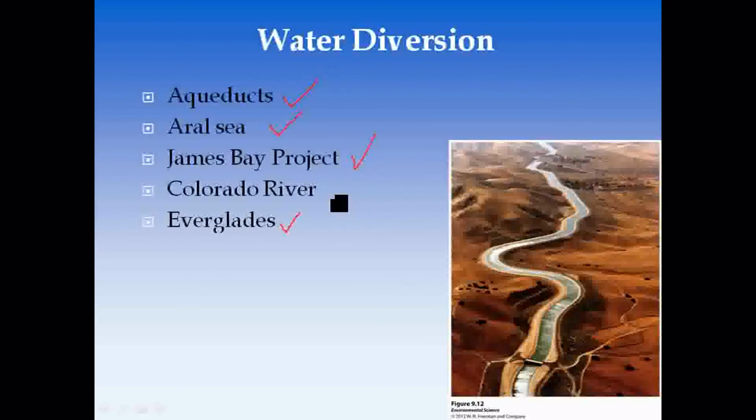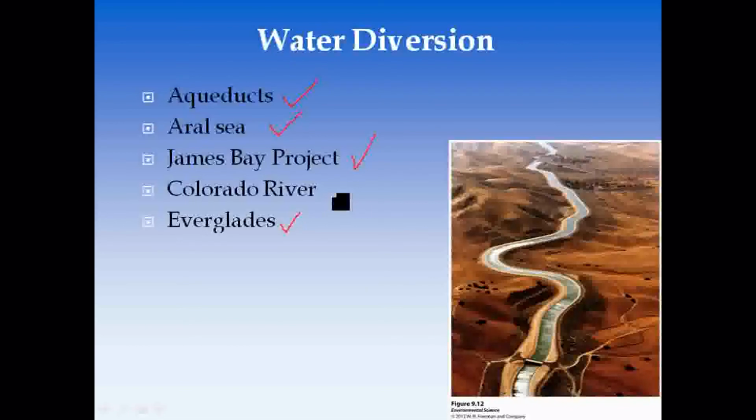The Colorado River is decimated by water diversion across many, many different states. As a result, the mouth of the Colorado River, which was once a flourishing river that flowed all the way to the end with some very, very strong waters at the mouth, is nothing but a trickle now on the Baja coast of California.